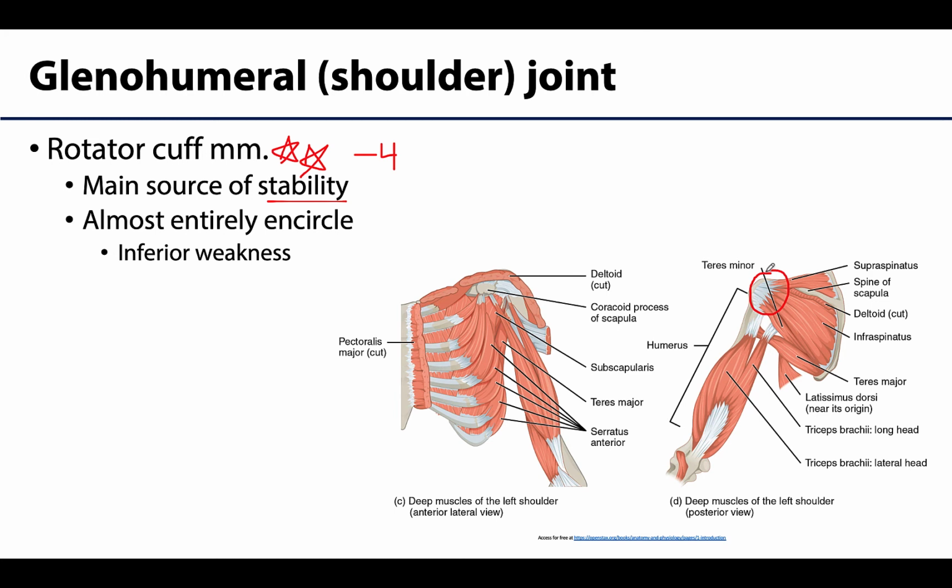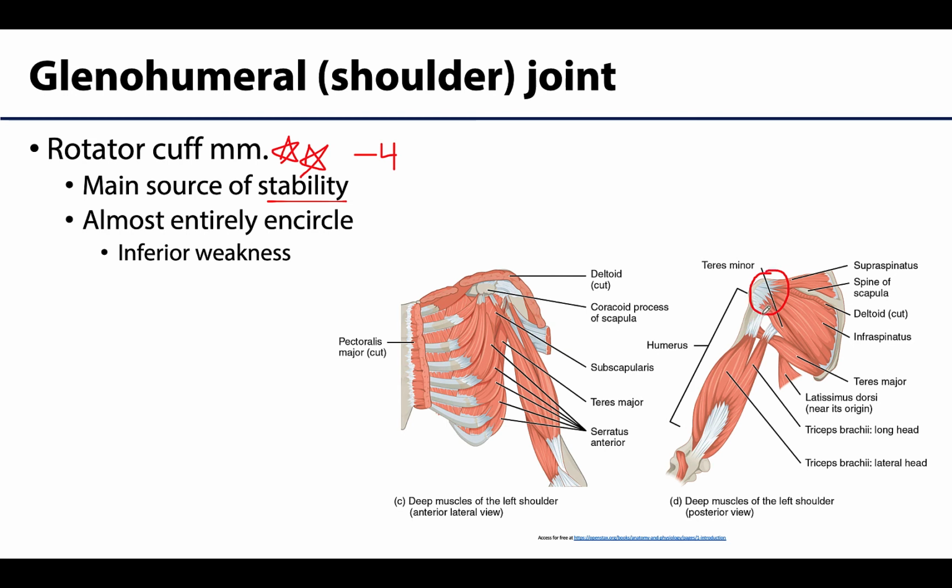So they play an important role in reinforcing the articular capsule, and go beyond that as well. You almost completely surround the shoulder joint because you have both anterior and posterior rotator cuff muscles.